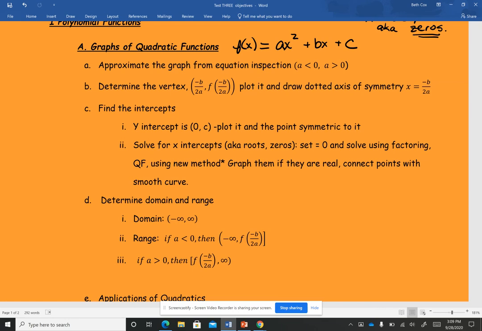I'm not going to try to write anything on here, but we're going to use this as a reference for our videos for the graphs of quadratic functions. Okay, so it's got your formulas on it, it's got your steps and everything. And so this is our first main thing we're going to do, is graph these quadratics. All right, so join us back on video number 2.